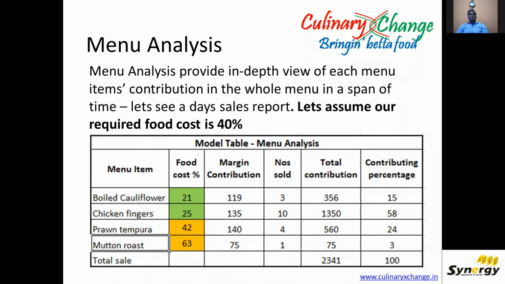Cost is 42%, and it offers 24% of margin contribution here. Then we see the mutton roast. The cost is 75 rupees. It sold only one and it contributed only 3% of the total margin contribution.